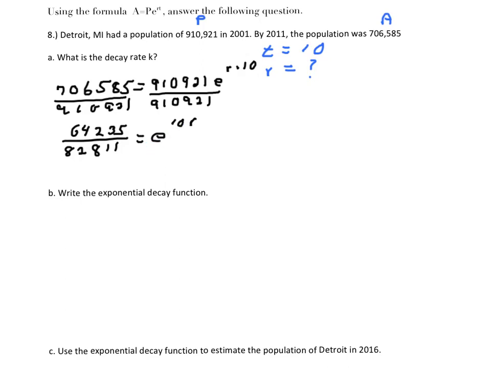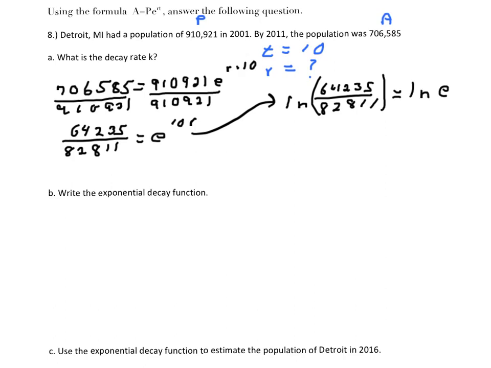Yes, it is. Okay, so ask yourself, do you see a log? No, you don't. So what are you going to do? Yes, you're going to put it in there. So let's go up here. Let me move over right there. Because it's base e, I'm going to take the natural log of 64235 divided by 82811, so I want the natural log of this whole thing right here, and that equals the natural log of e raised to the 10 times our r.